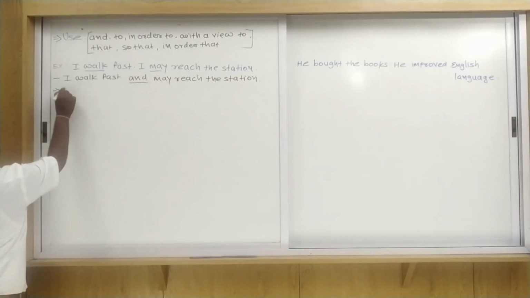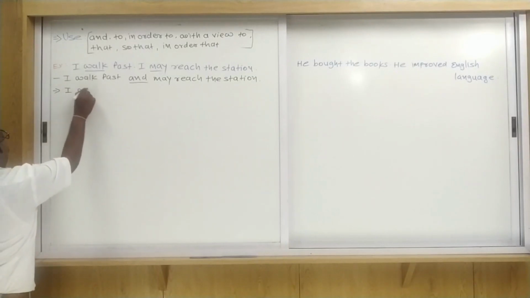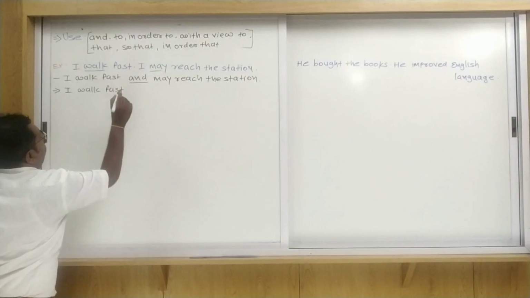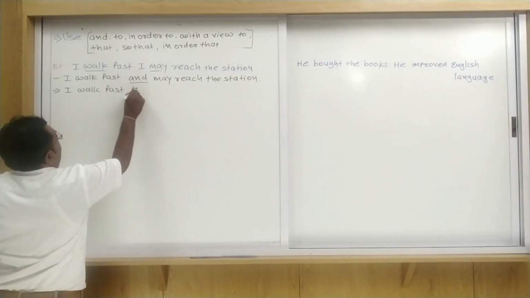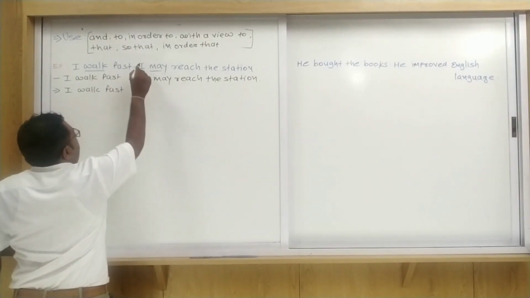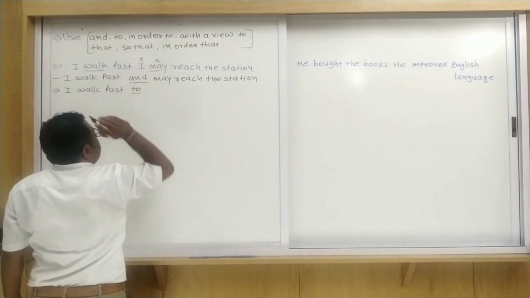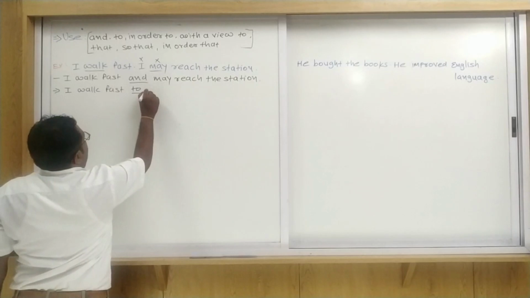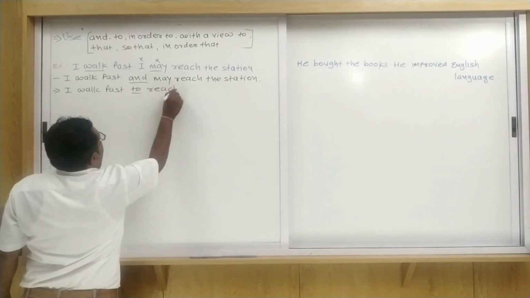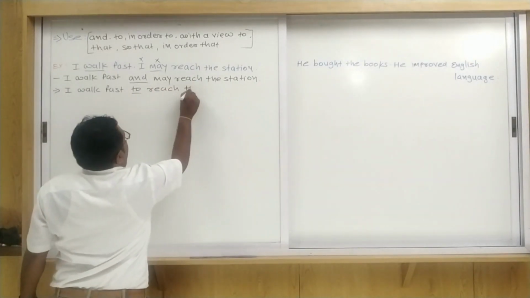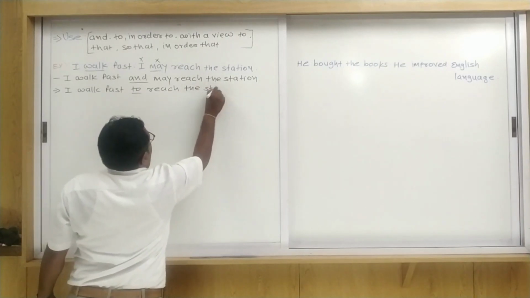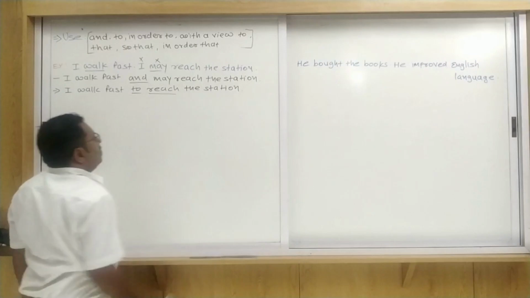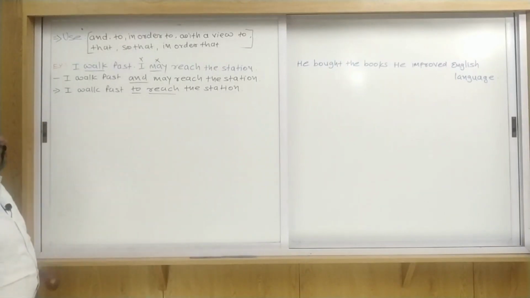So I walk fast to reach the station. I remove the modal auxiliary. So here you can see that to plus V1.